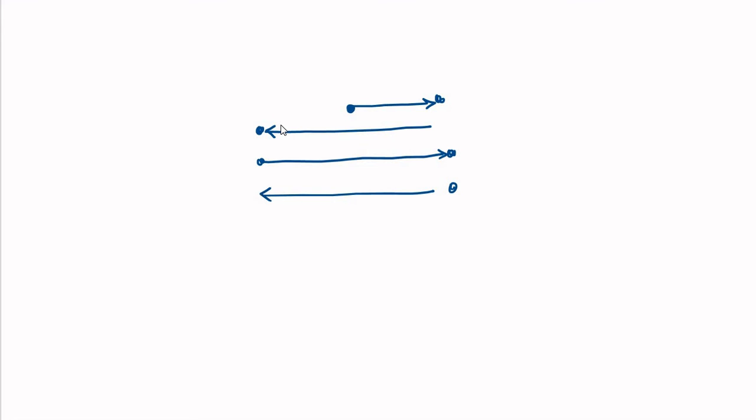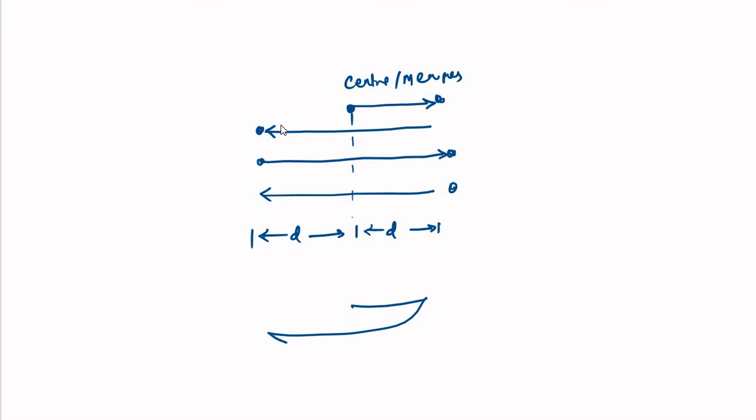It undergoes to and fro movement about this center or mean position, which is located at equal distance on either side. This is the mean position or center position, and it undergoes to and fro movement like this.